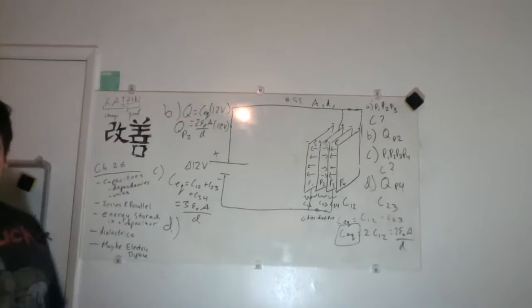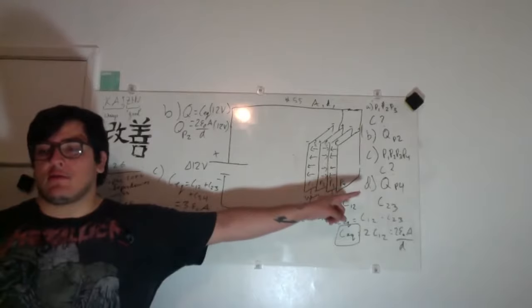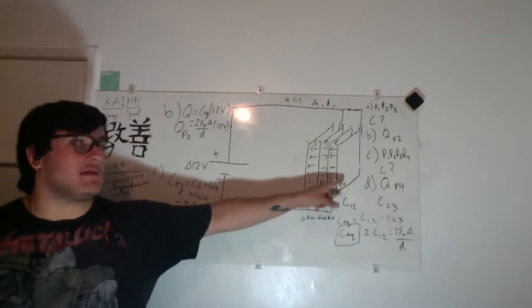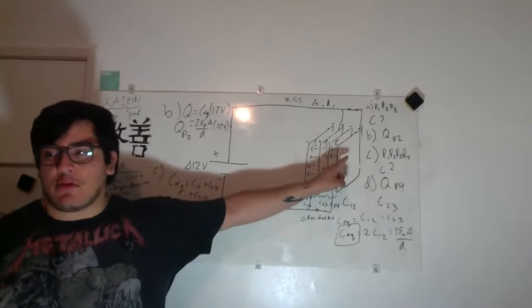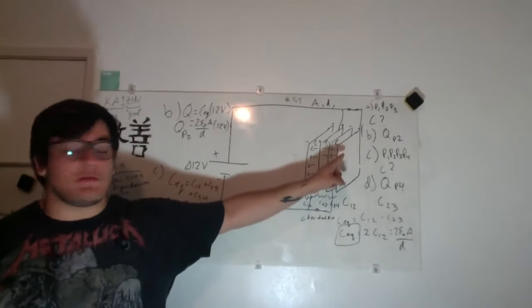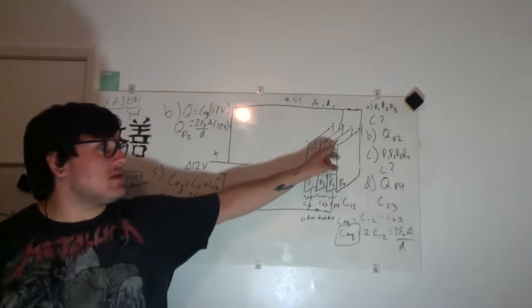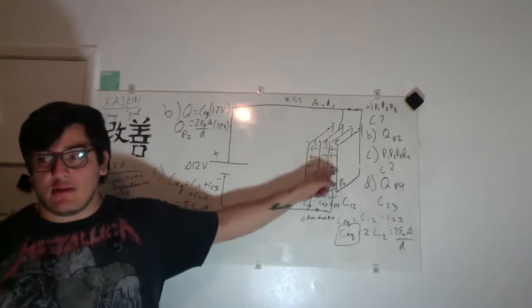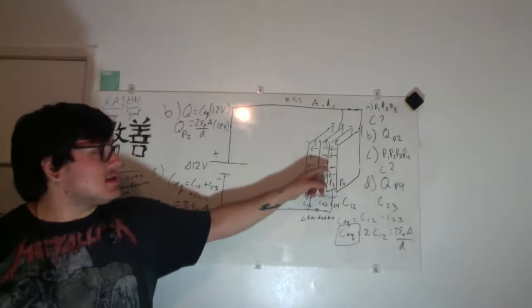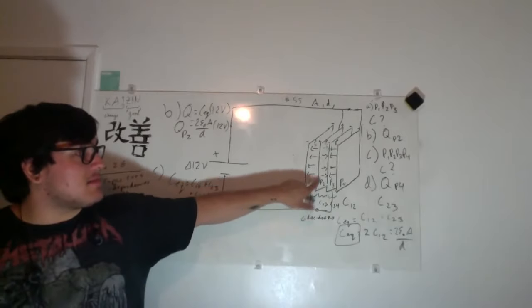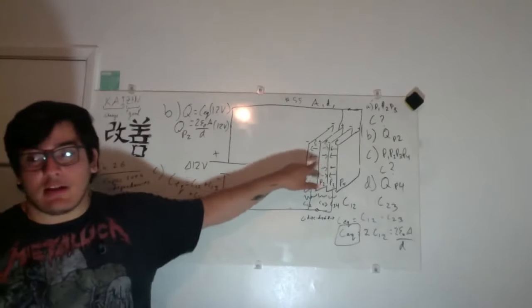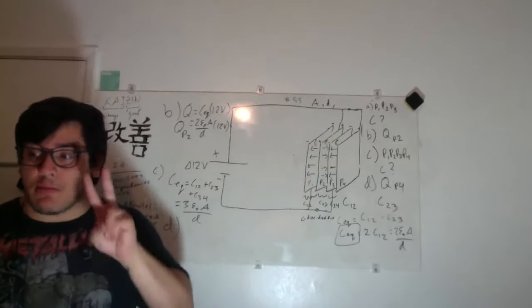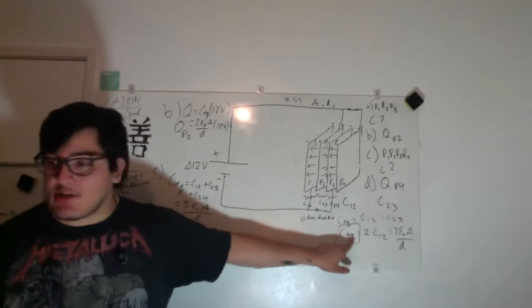Last part, I want to know what's the charge on plate 4, so the last plate. What does plate 4 contribute? It contributes this electric field and only this electric field, just that first one. When we looked at the second plate, we saw that the second plate makes 2 electric fields, so it was due to both of these.